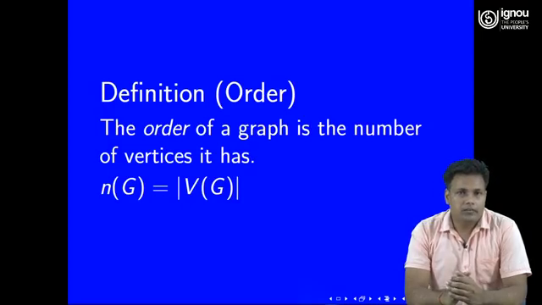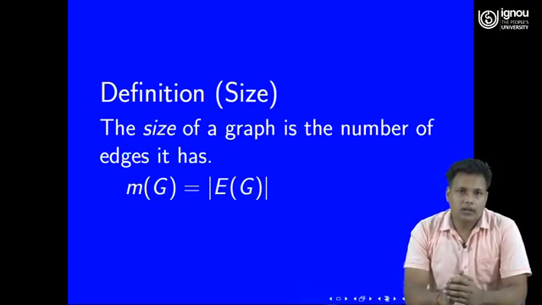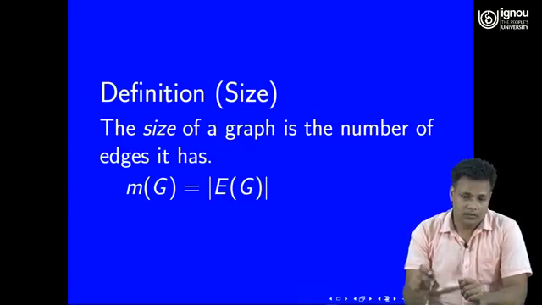The order of a graph is nothing but the number of vertices in it, and we shall denote it by n(G), which is just the cardinality of its vertex set. Similarly, a graph also has a size, which is the number of edges it has, and we shall use the notation m(G) to denote the size of a graph G.